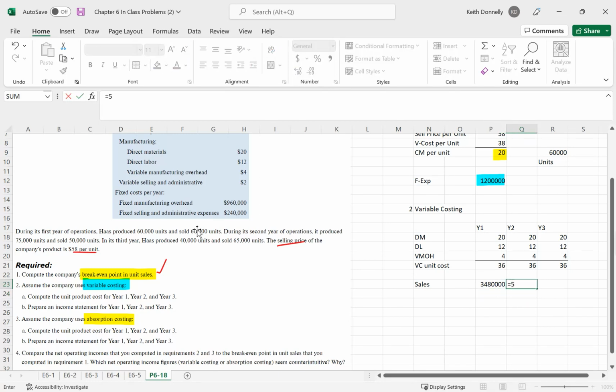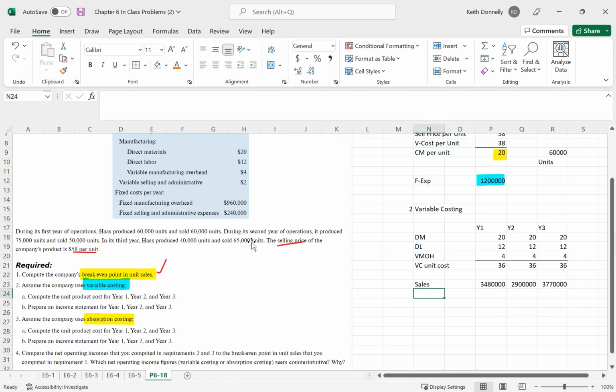In year 2, we sold it for $58, and it sold 50,000. And in year 3, it's $58 a unit, and it looks like we sold 65,000, and a 3770.